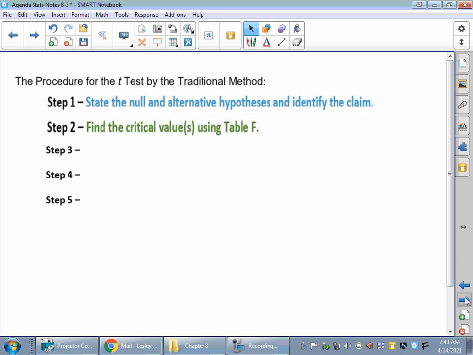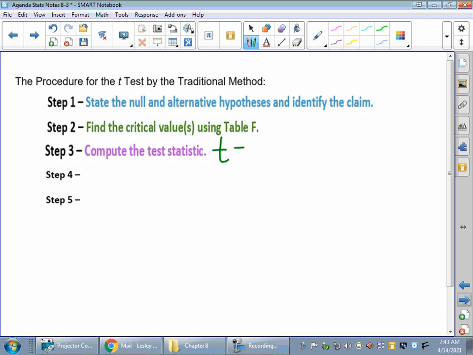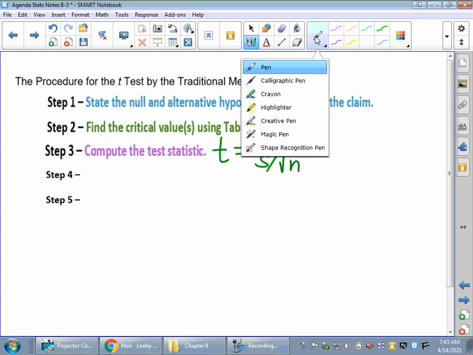And then you're going to find your critical value using table F. This is our T critical value. After that, you're going to calculate your test statistic. That's that formula I just highlighted. T is equal to x bar minus mu all over S divided by the square root of n.